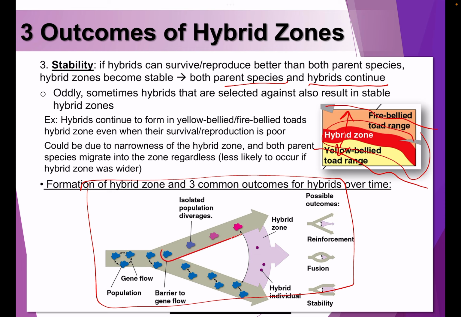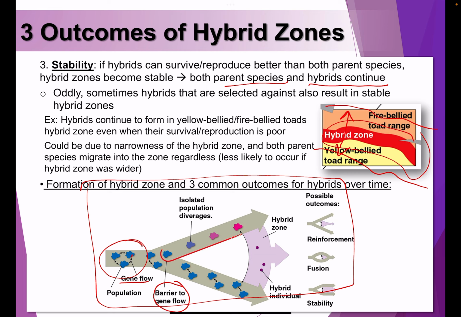the hybrids. So first, let's say there are three populations of species that are connected by gene flow, and then a barrier to gene flow is established, whether it be a reproductive barrier, pre-zygotic or post-zygotic, depending on the case, but a barrier is formed.